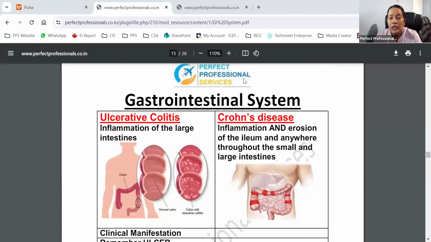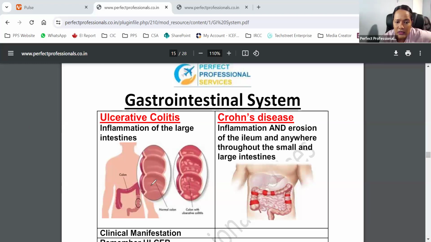Another problem is Crohn's disease. Crohn's disease is inflammation and erosion of the ileum and anywhere throughout the small and large intestine. Usually it happens in the ileum, but it can happen in any place. In ulcerative colitis there is only one inflammation, in the colon.